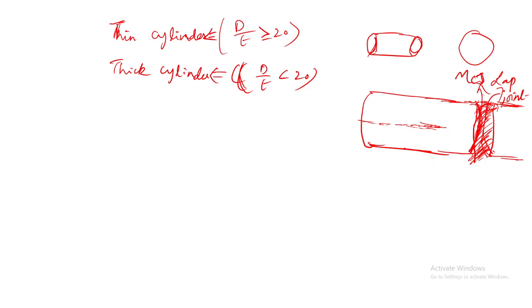This I am doing circumferentially in order to get the required length, and this I am doing longitudinally in order to get the required diameter. This is a butt joint or longitudinal joint, which I am naming as eta longitudinal, LJ.